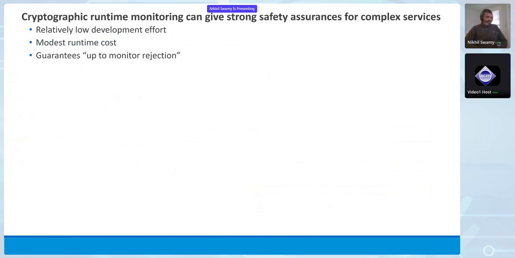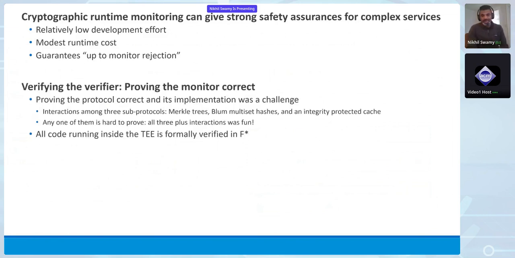So just to wrap up, main takeaways from this talk are that cryptographic runtime monitoring can give strong safety assurances for complex services at a relatively low development effort, at a modest runtime cost, but the guarantees that you get are up to monitor rejection. The main spirit of this paper is about verifying the verifier and proving that the monitor is correct. And all the code that we run inside our trusted execution environment is formally verified in F star.